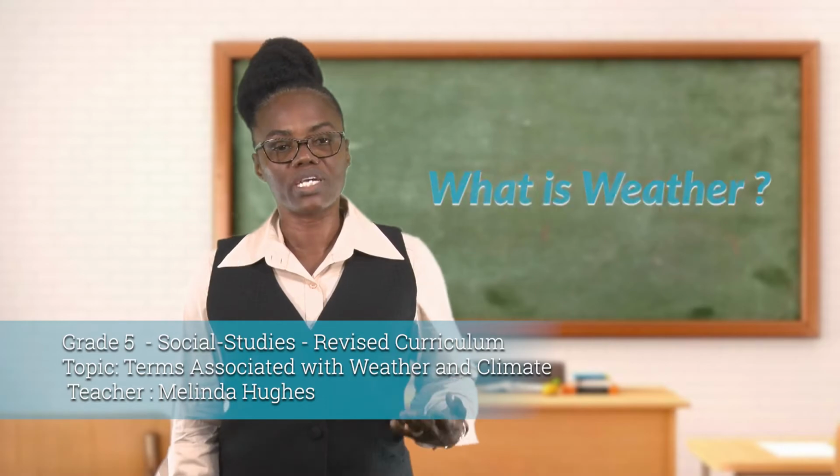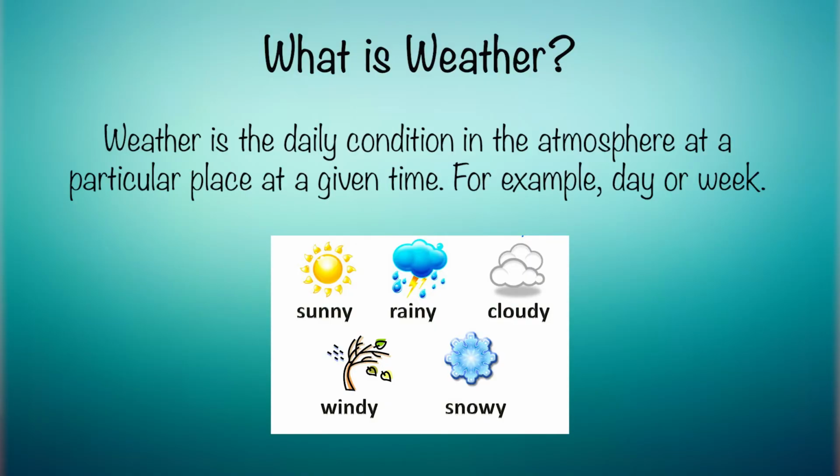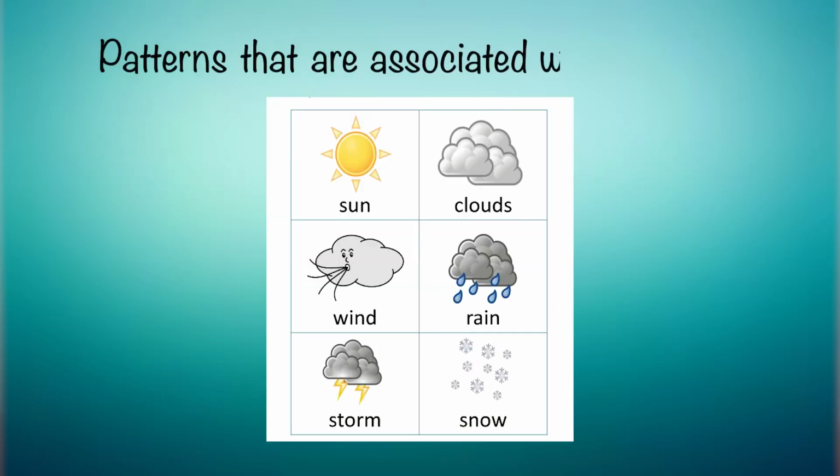So we will recap. Weather is the daily condition in the atmosphere at a particular place at a given time. So for example, for a day or a week or a month. Let's review patterns that are associated with weather. And so there is a chart there that gives us a guide to patterns that are associated with weather.